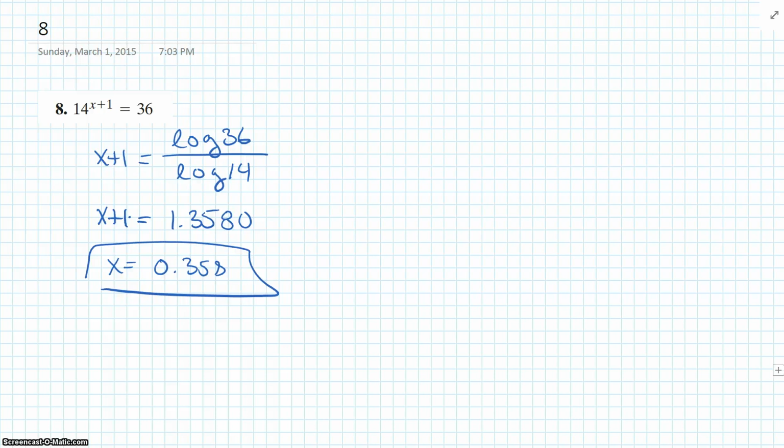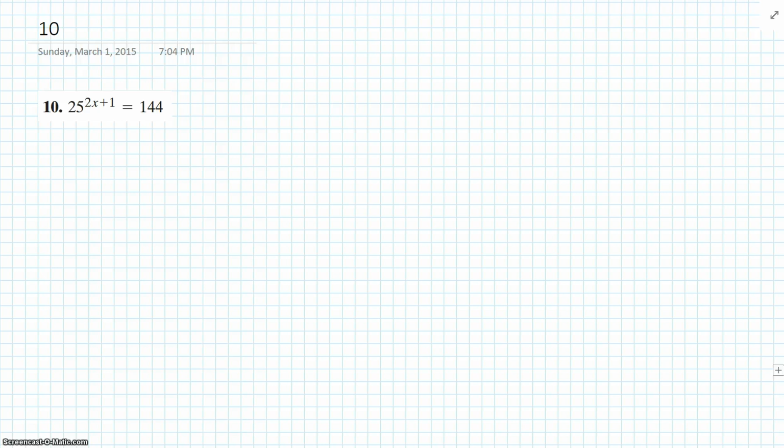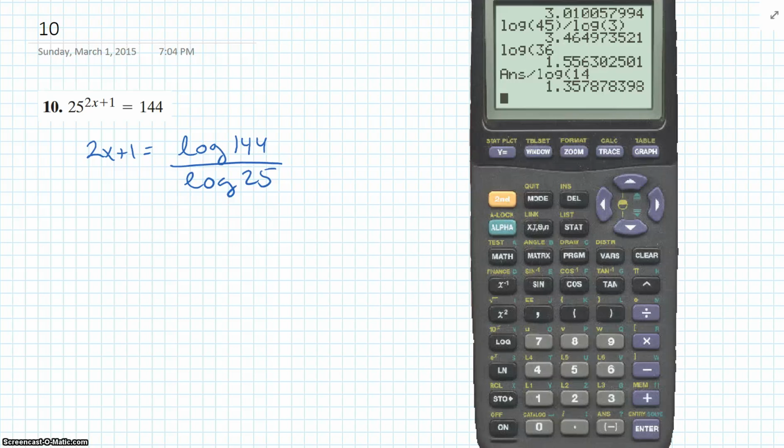Okay, next problem. 25 to the 2x plus 1 power equals 144. So we can say 2x plus 1 equals the log of 144 divided by the log of 25. So let's do that math real quick.